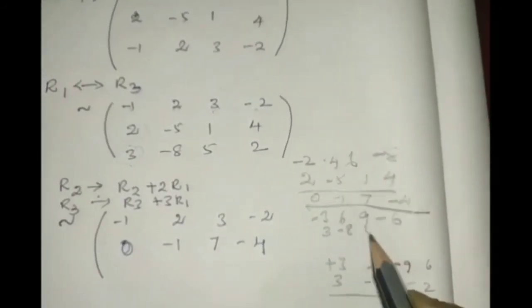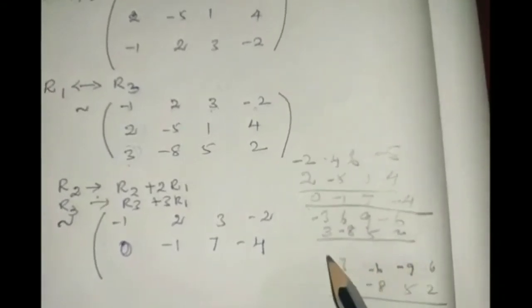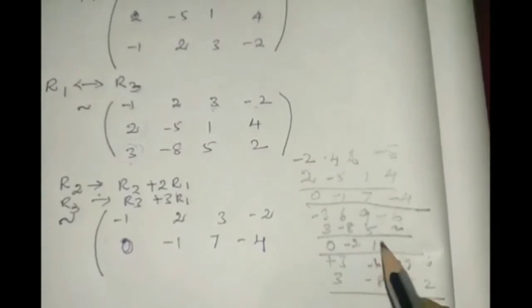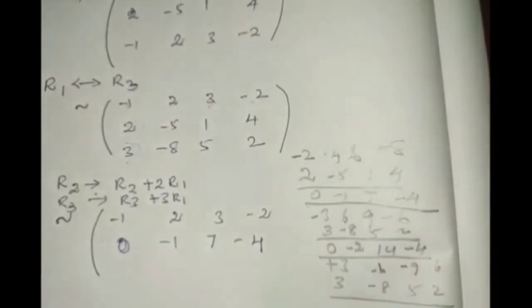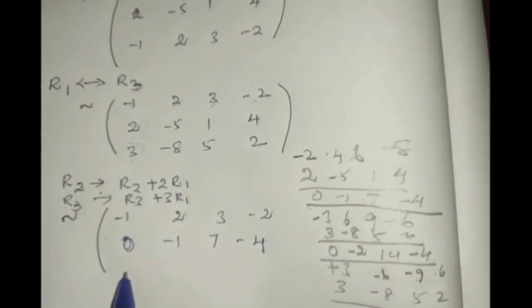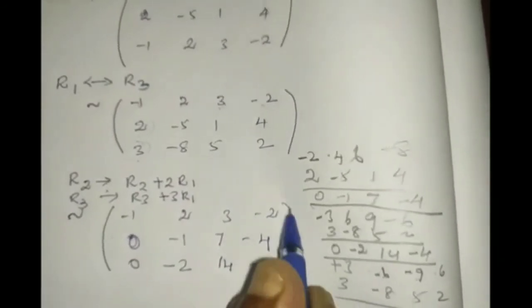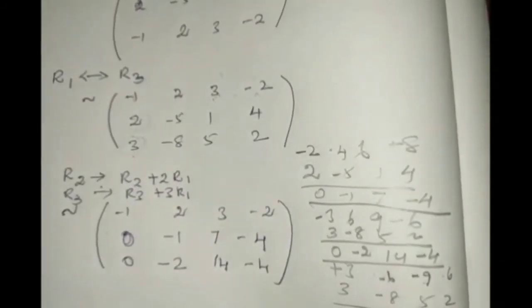Write the third row as it is, 3 minus 8 5 2. If you simplify this, you will get 0 minus 2 14 and minus 4.